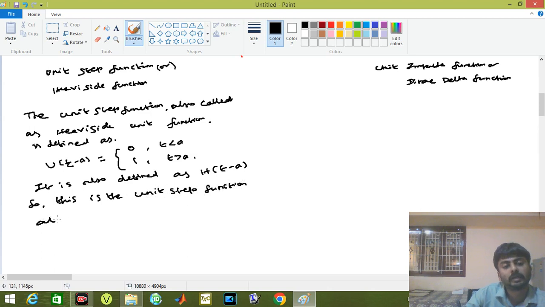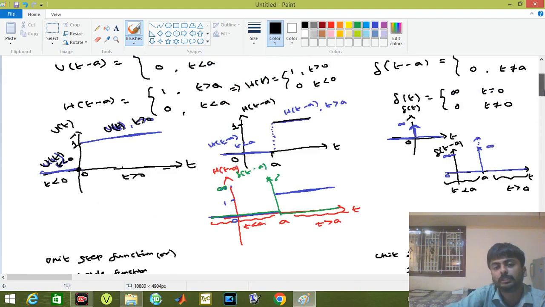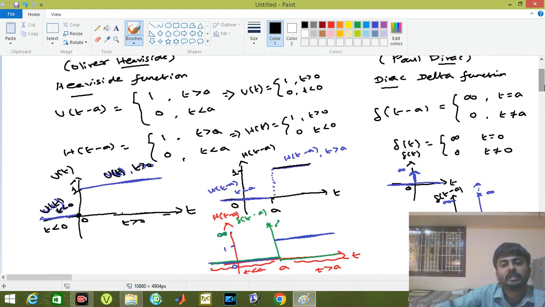We are defining everything for a, not for 0. In the above you can see we have also given the unit step function for t equal to 0. This is the unit step function for t equal to a.